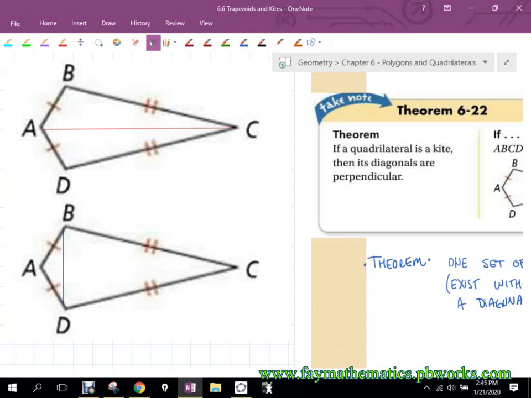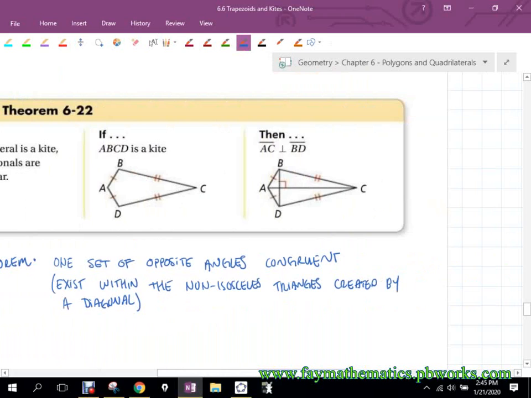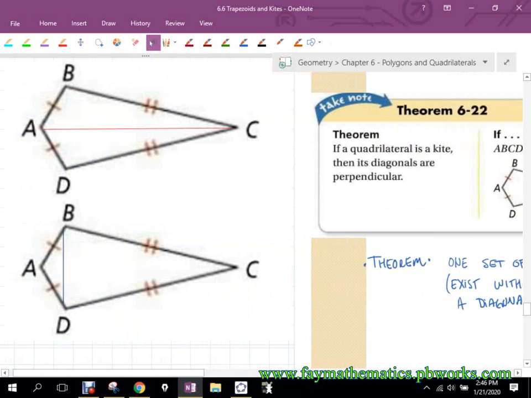They are incongruent isosceles triangles, where up top, these would have been congruent non-isosceles, right? So maybe that's something we even put on here. We write here that they should be congruent non-isosceles triangles created by a diagonal. But your congruent angles will exist inside those triangles.